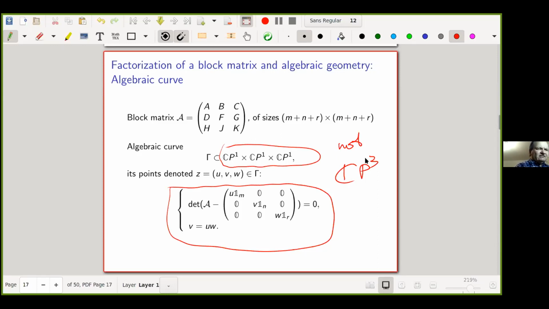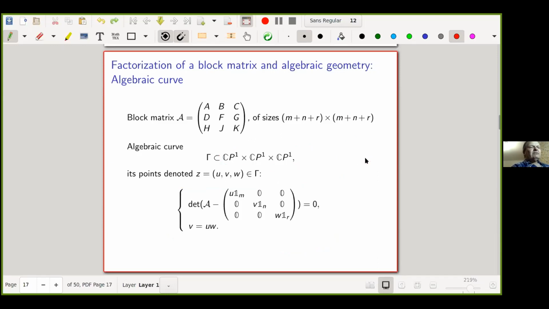Why is it important? Because we will have to consider different possibilities here.